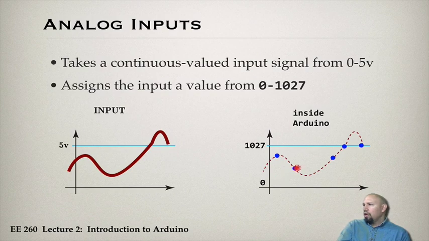You just don't know when you grab a value what's come before it, what's gone after it. You only know the value at that point. So you've thrown away a lot of data in this process, which is called sampling.